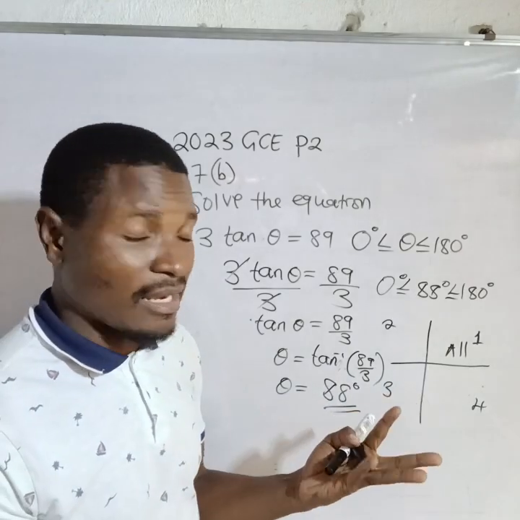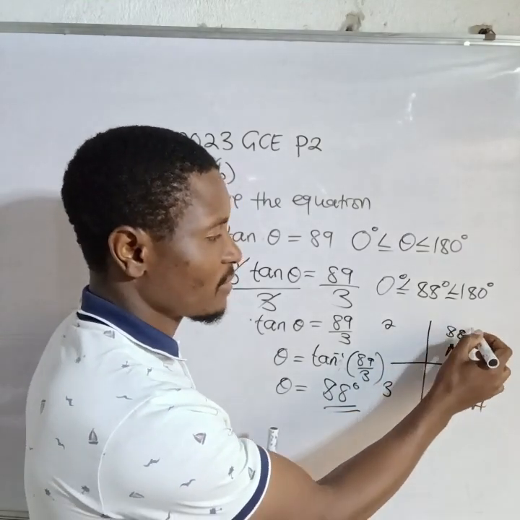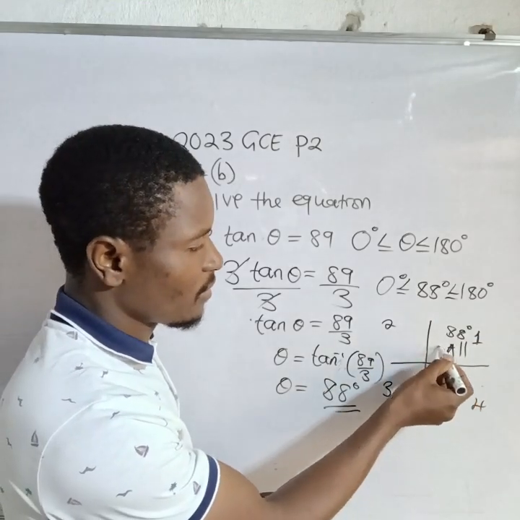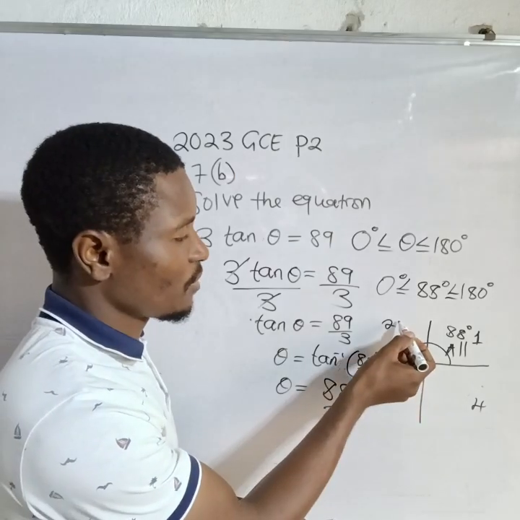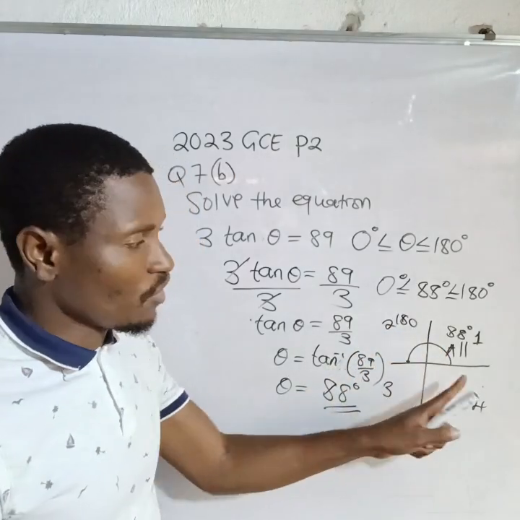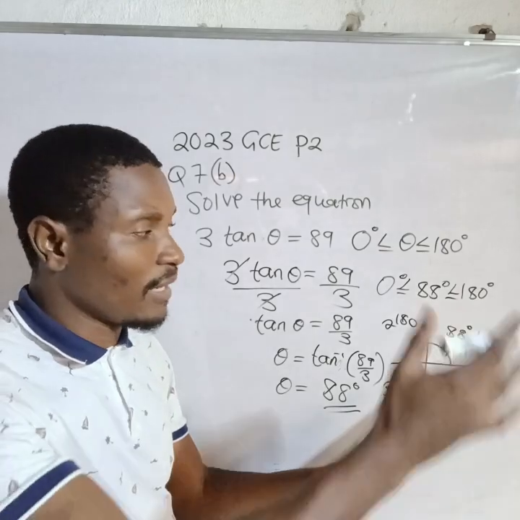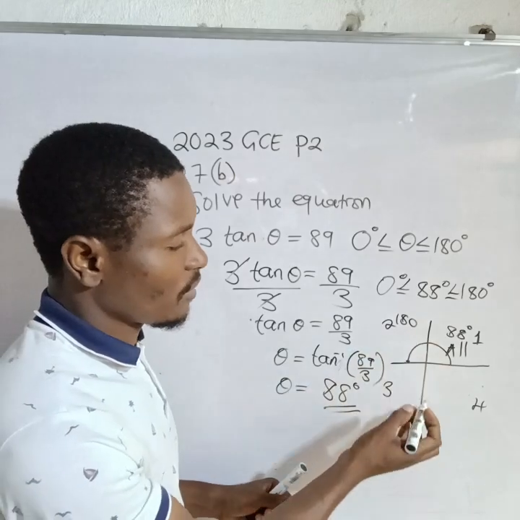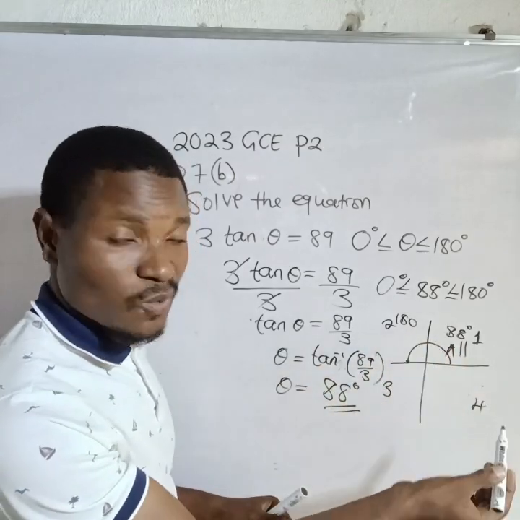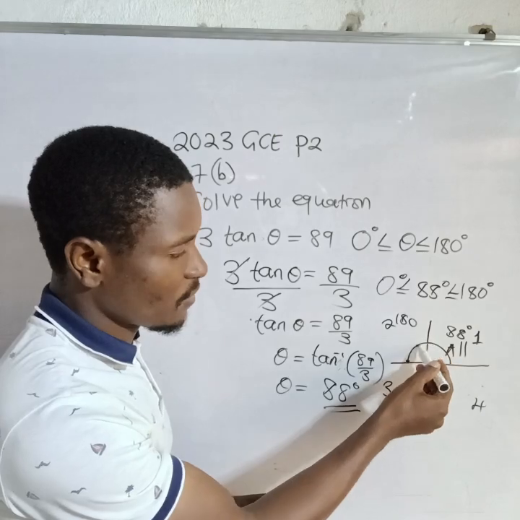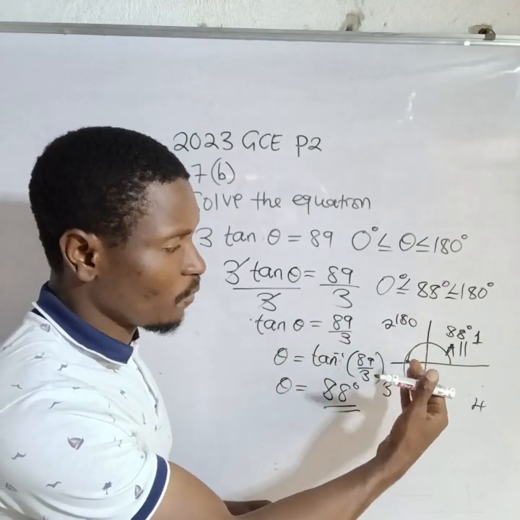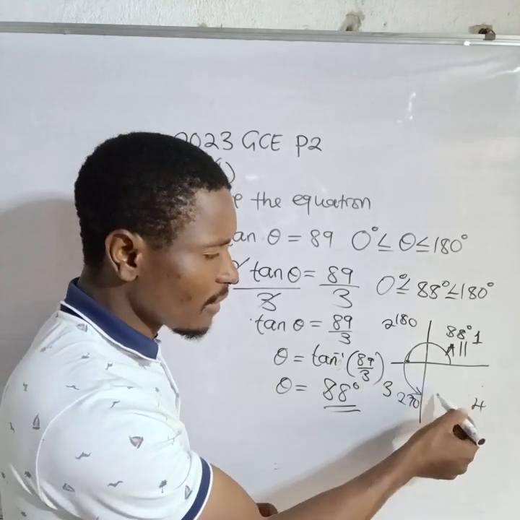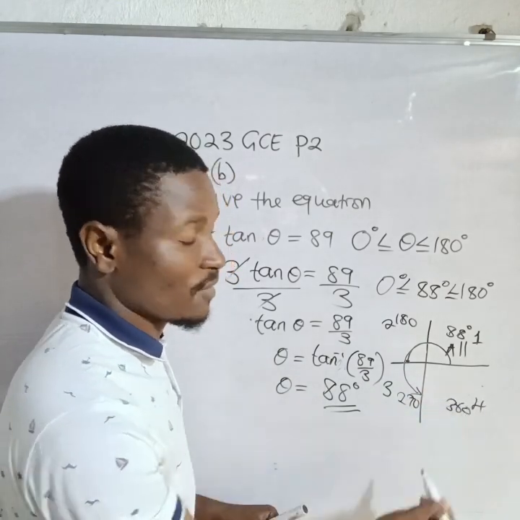So 88 can be in this quadrant, because that is where 90 is. Now, when I come to this, it is going to be 180. Each time I move to the next quadrant, I add 90 to get the total angle. So from this to this, it's 180, and then you add 90 to 180, it's going to be 270. And then the last one is going to be 360.